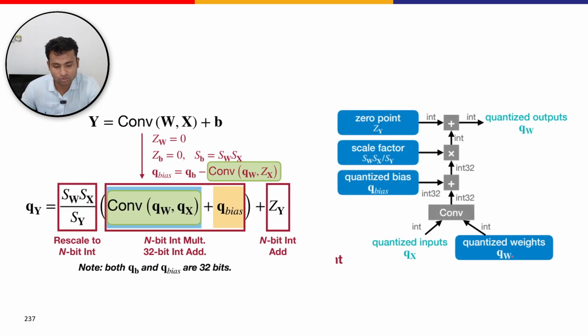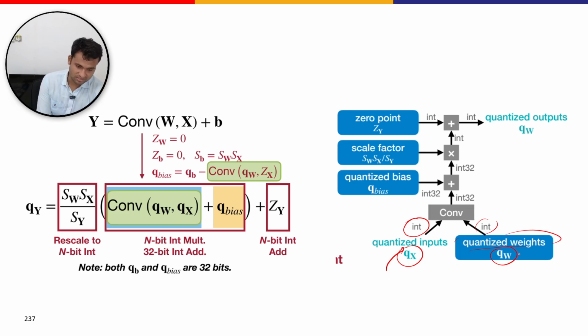If you have to follow the flow of this, we take the quantized inputs in integer format, we call it qx, and we have the quantized weights, qw. Along with this comes the information of zx and scale x, and also zw and scale of w. We do the convolution operation in int 32 only. We add the quantized bias, because this q bias is a 32-bit number, so we add that in 32-bit.